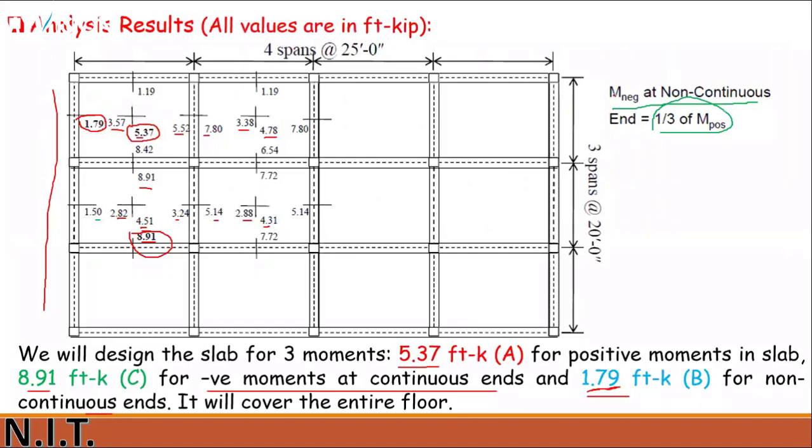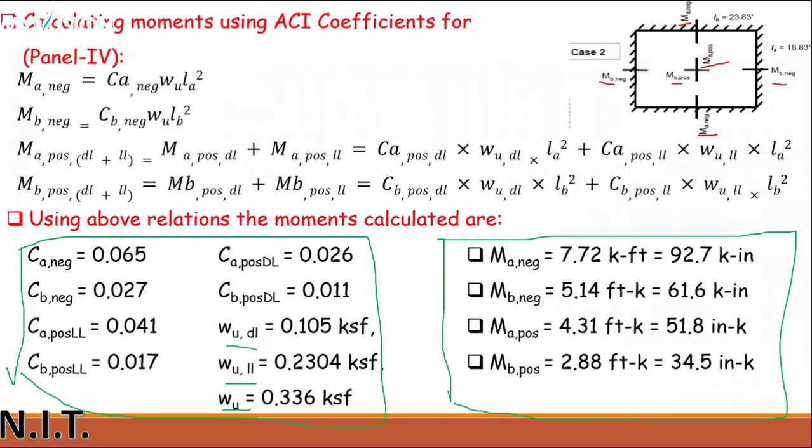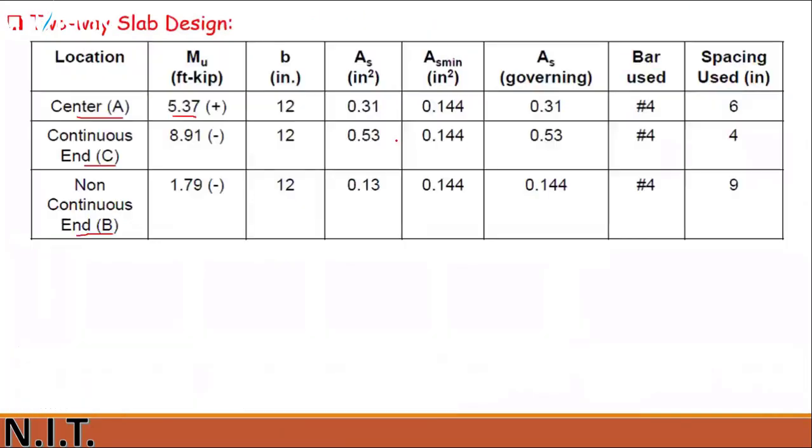As I told you, MA or MB values are positive, and at the non-continuous or continuous ends the values are negative: 8.91 and 1.79. And as I told you before, when the B value is not available, always select 12 inches. Assume it is 12 inches. Area of steel can be calculated by the formula which I told you.